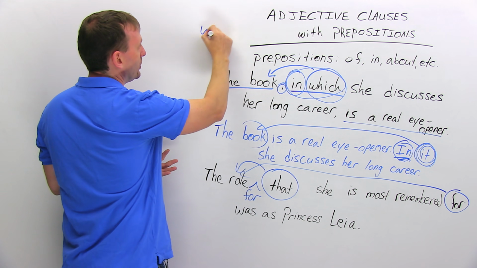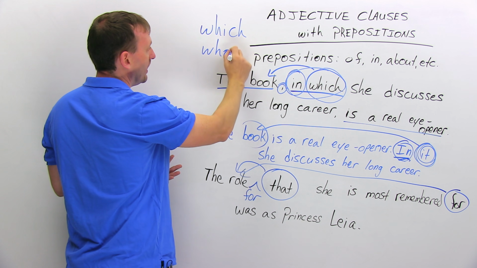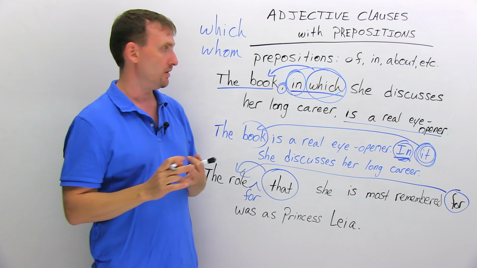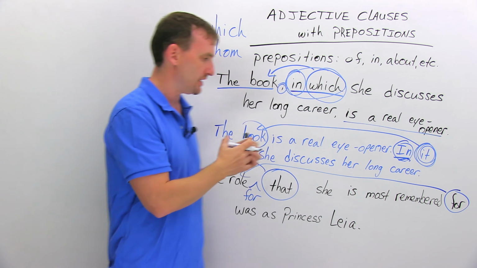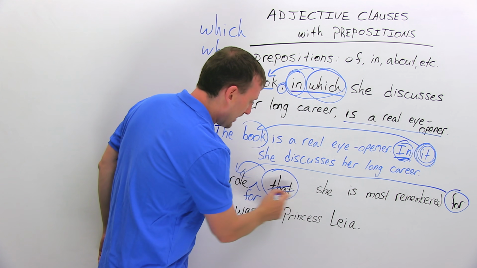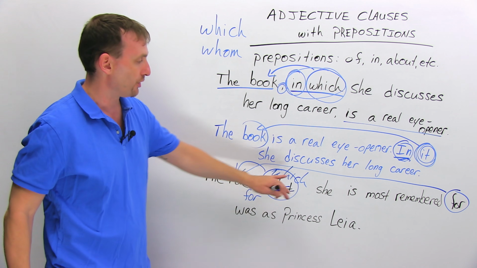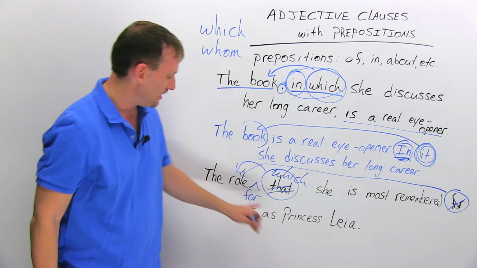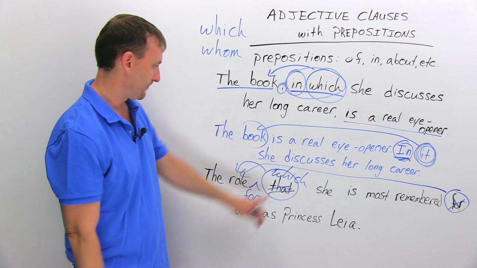So in that case, you can only use "which" or "whom". You can't use "that", you can't use "who", okay? You have to use "which" or "whom" after the preposition because these are going to be the objects of the preposition. So I have to take out "that" and I have to put "which". The role for which she is most remembered was as Princess Leia.